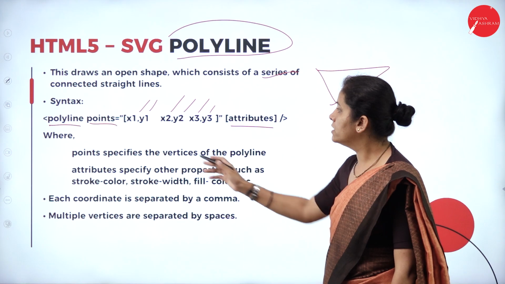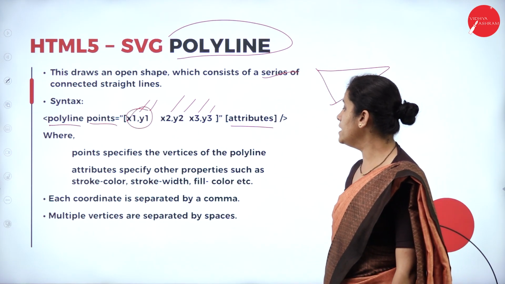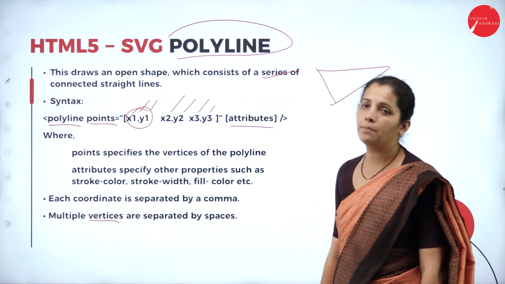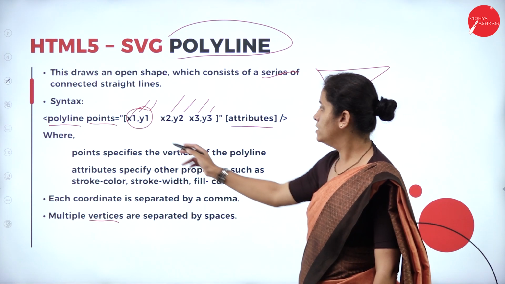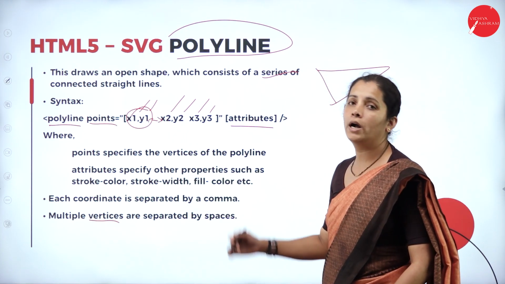Each coordinate pair is separated by a comma, and multiple vertices are separated by a space. So I'm going to provide a space between multiple vertices.